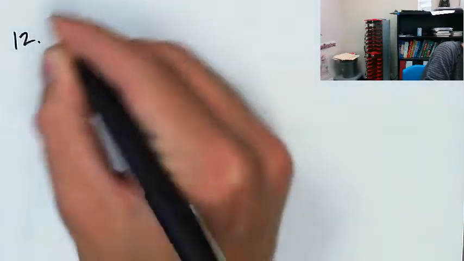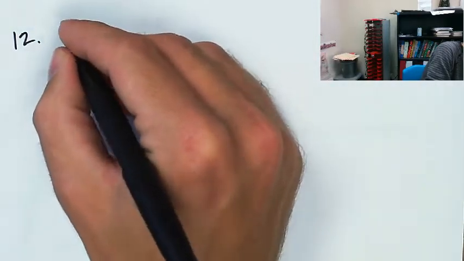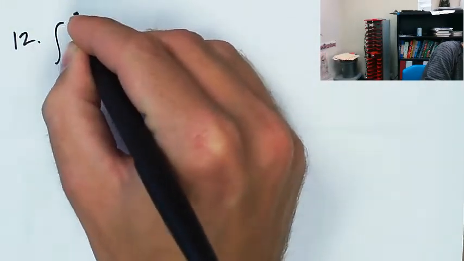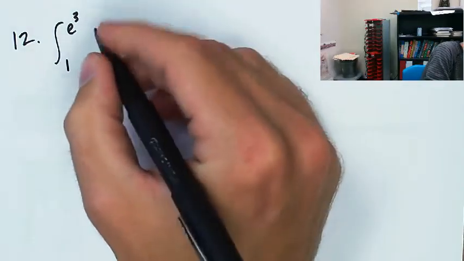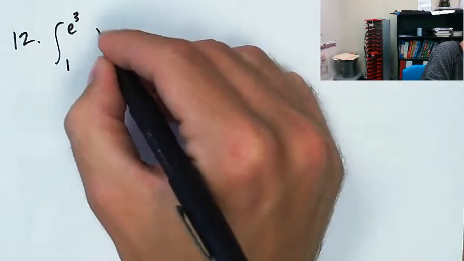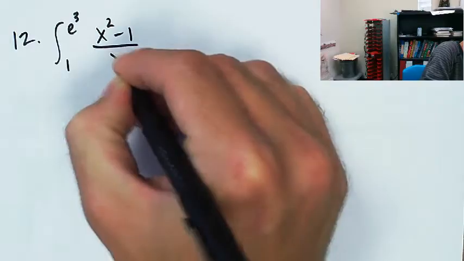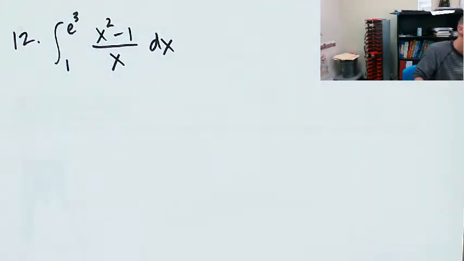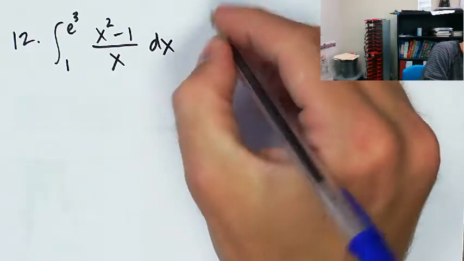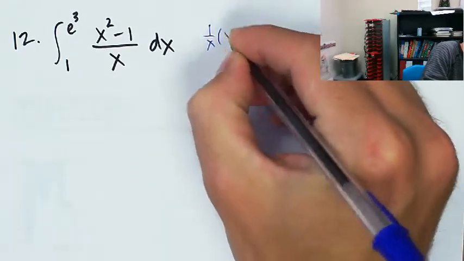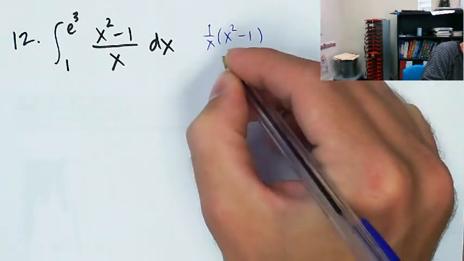So, for 12. Integral from 1 to e to the 3 of x squared minus 1 divided by x. Okay, so I'm going to say that this algebraically is like 1 over x multiplied by x squared minus 1.